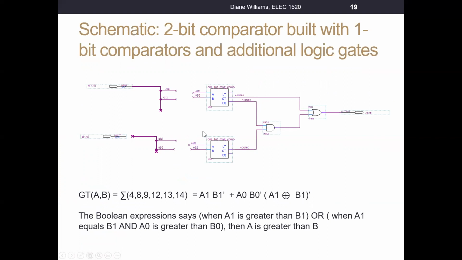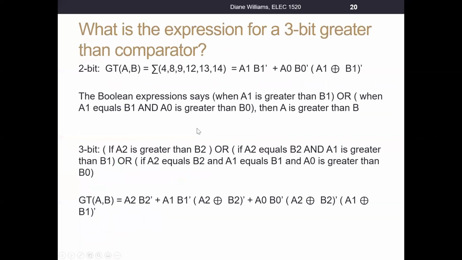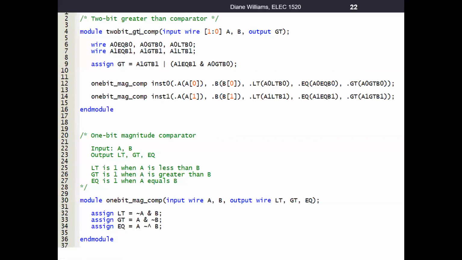Now, I didn't draw wires to all of these connections coming out of here because I just wanted you to see the wires that you needed. When you instantiate the Verilog module, we are going to have to connect to those other outputs. For that one big magnitude comparator, we connect signals that we named here as wire type: A0 equals B0, A0 greater than B0, A0 less than B0.